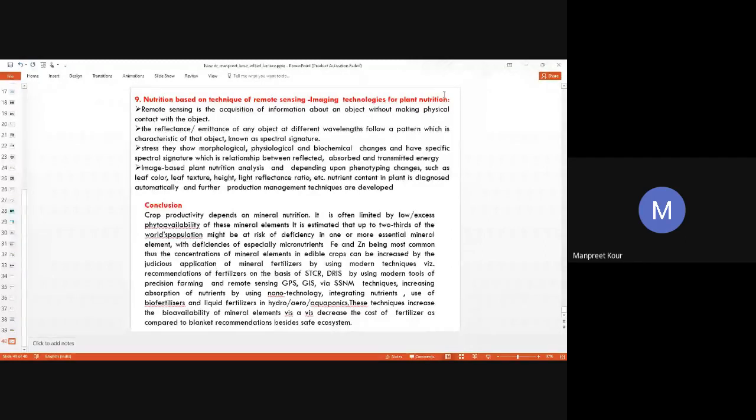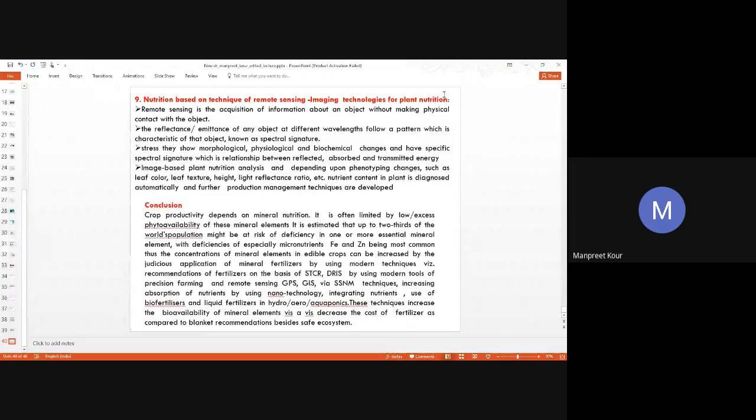I have already told you that GIS collects information from different sources, from GPS, from remote sensing, and then it goes for image processing, and then we find out whether we have to apply more nutrients or what we have to do.